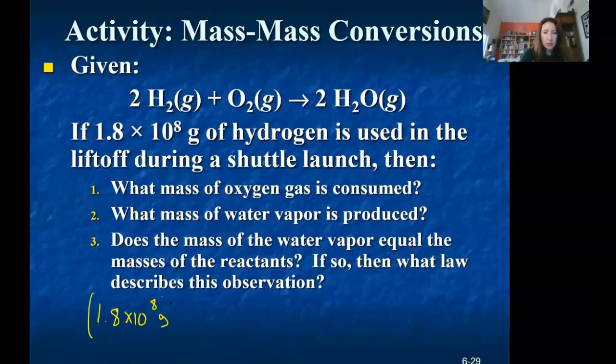That's our H2. Our O2, what was our O2? Was it the 1.6 times 10 to the 9th? No, 1.4. 1.4 times 10 to the 9th for O2. That's our O2. And then our water was the 1.6 times 10 to the 9th.